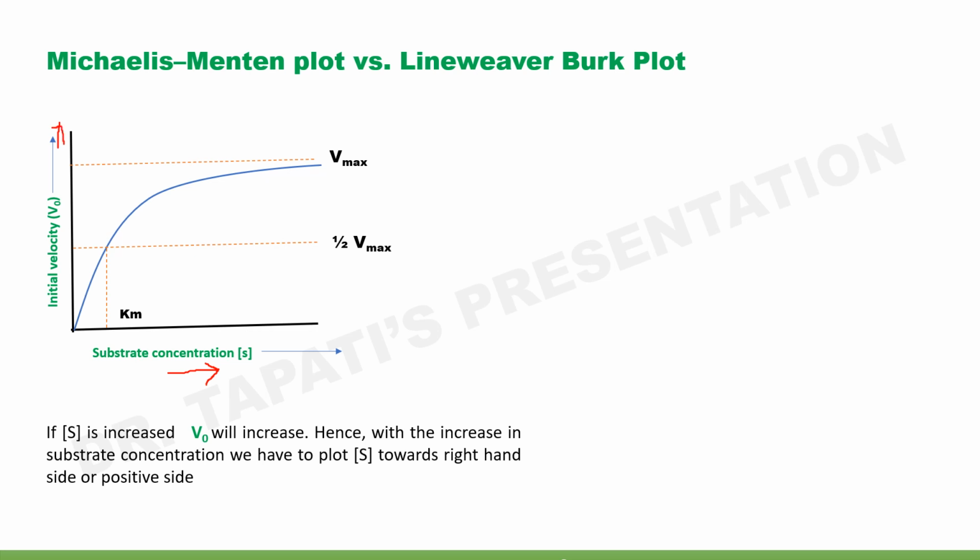Hence, with the increase in substrate concentration, we have to plot substrate concentration towards the right-hand side, or, as you know, the positive side.